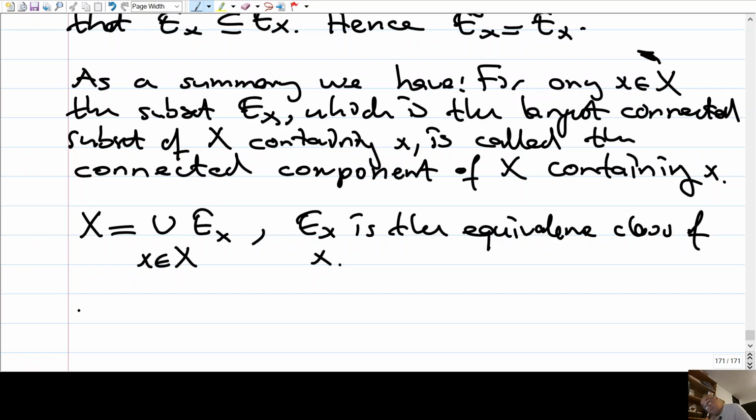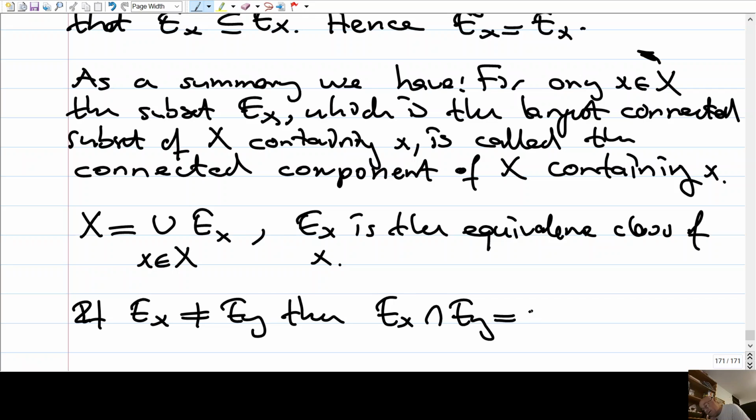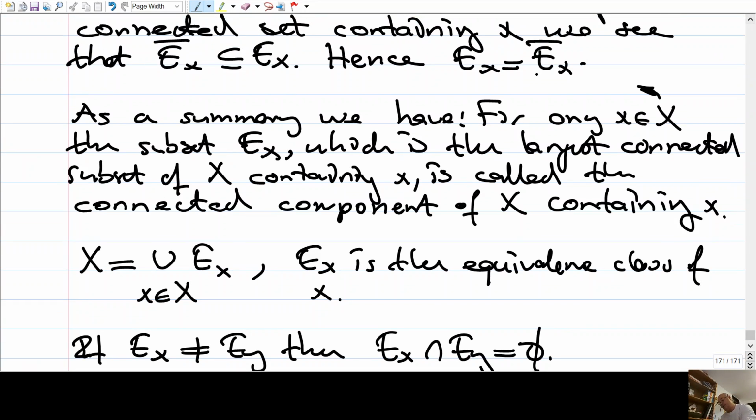So if EX is not equal to EY, then they must be disjoint. So they cannot have a common point, okay?